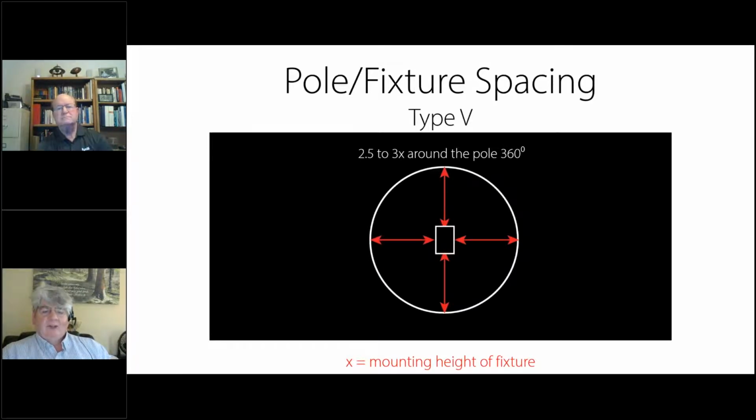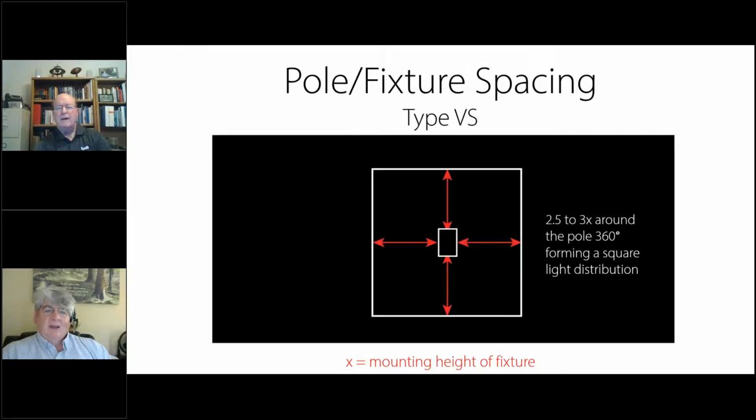And so to the extent that I have a good performing type 5, I can get really good uniformity, cut the number of fixtures in half, and lay this out so that my 0.5 foot candle lines overlap. Now, the one question that has come up in the past is, where would you use a round one versus a square one? And I will tell you that the square one lays out very well.